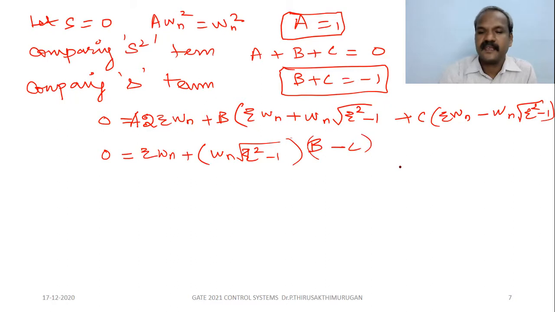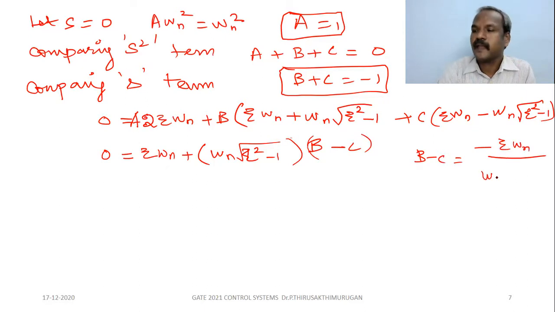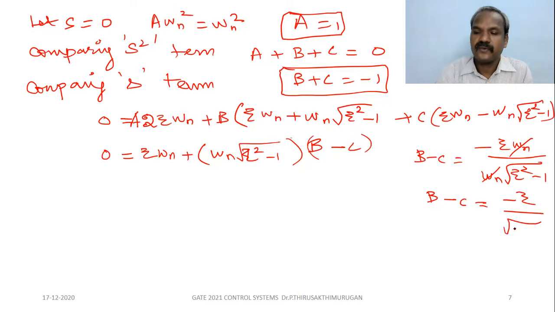So B minus C equal to minus zeta omega n divided by omega n square root of zeta square minus 1. So omega n cancels. So B minus C equal to minus zeta divided by square root of zeta square minus 1.